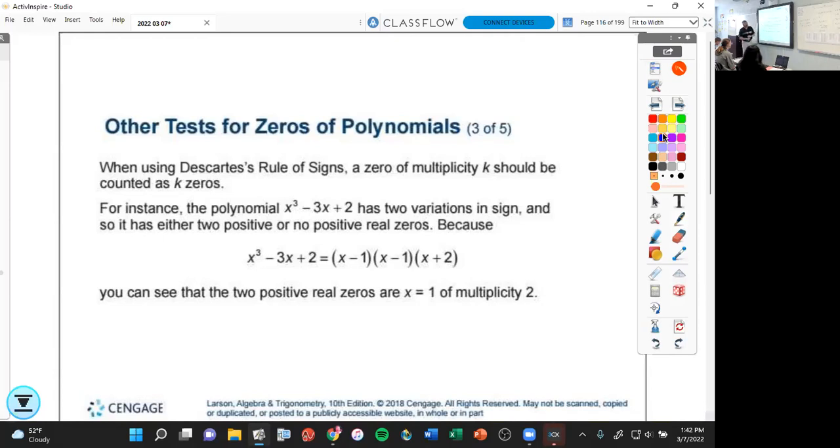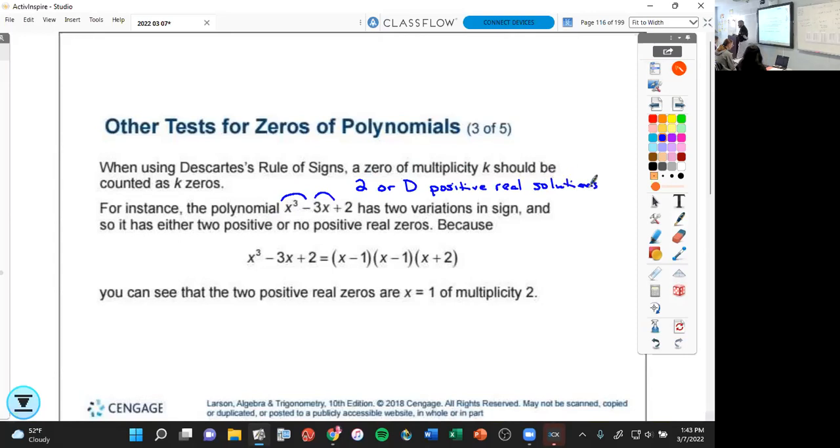Let's go back and apply Descartes' rule of signs to this. Change back to blue. Okay, how many sign changes are there? What's the sign of the first term? Positive, and then it went to, that's 1 sign change. Does it change again? Okay, so that means we have 2 or 0 positive real solutions.